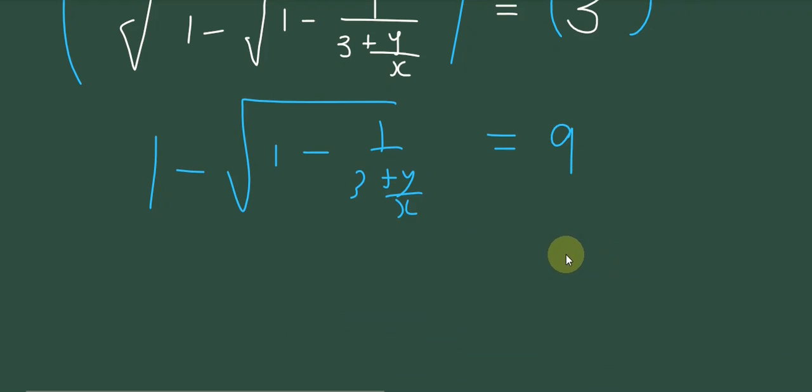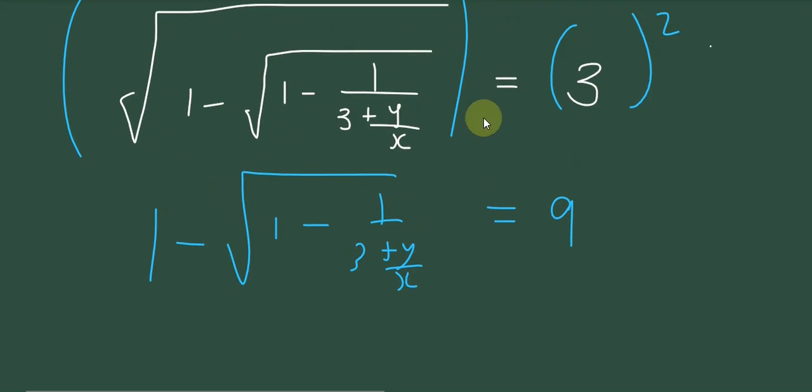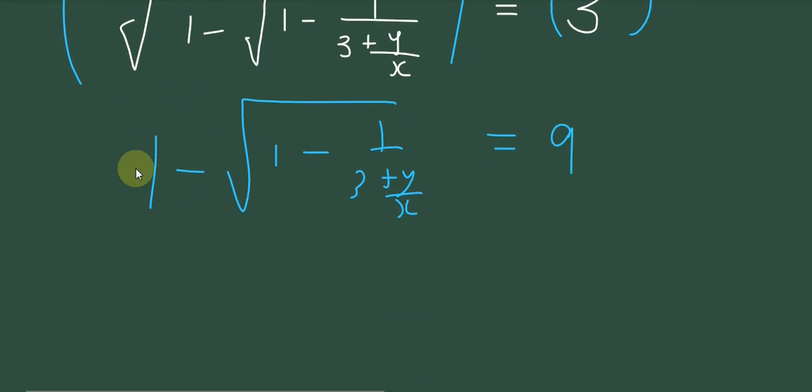Let's continue solving. Now, we can't just take x because it's still bounded by the square root. And we can't just square, because if we do that, we are going to make the question very complicated. In order to square, we need the square root to be alone, just like in the first step. So we have to take 1 to the other side.